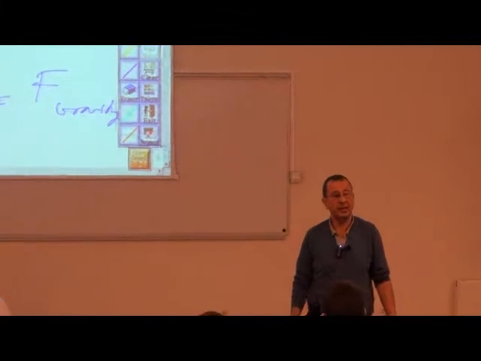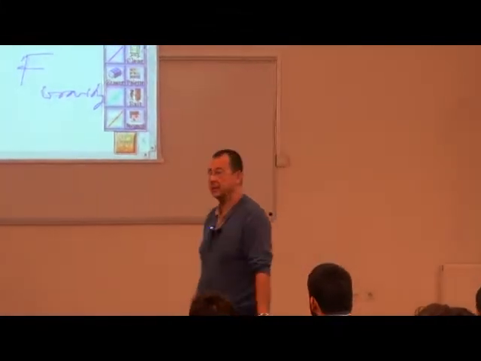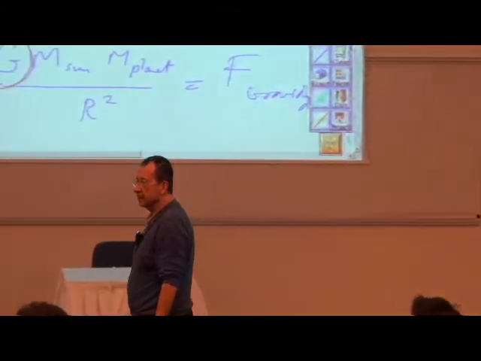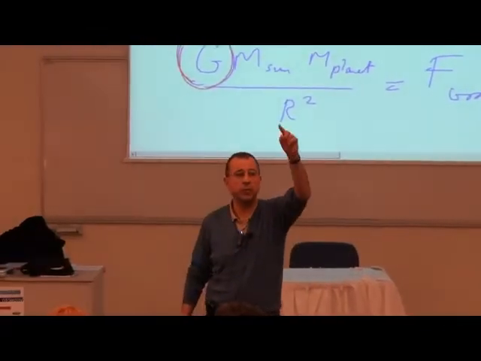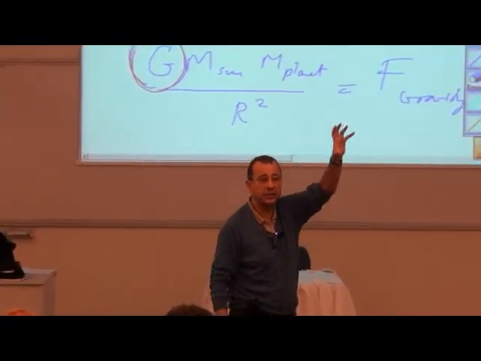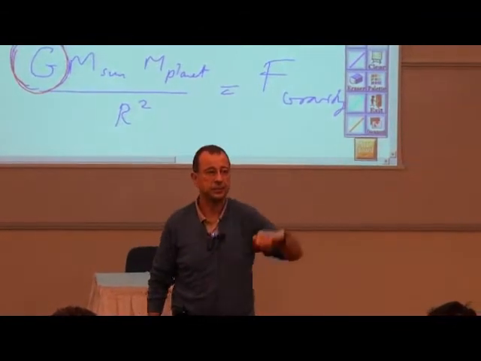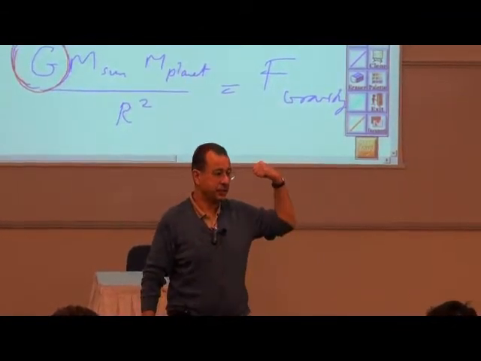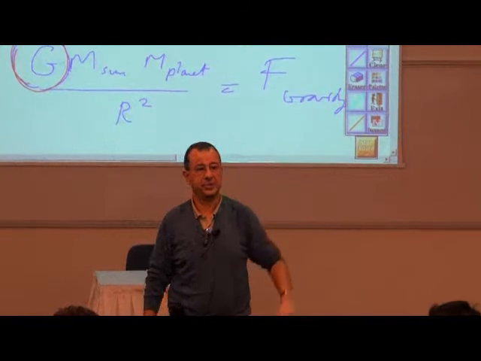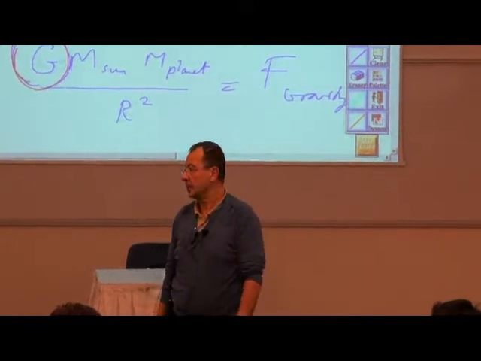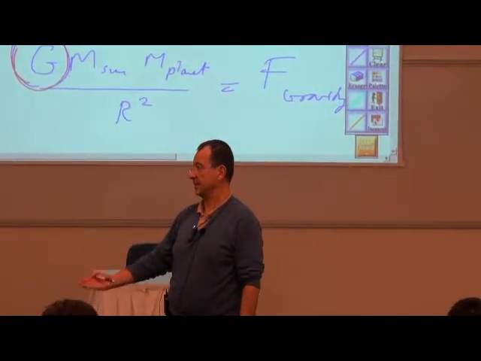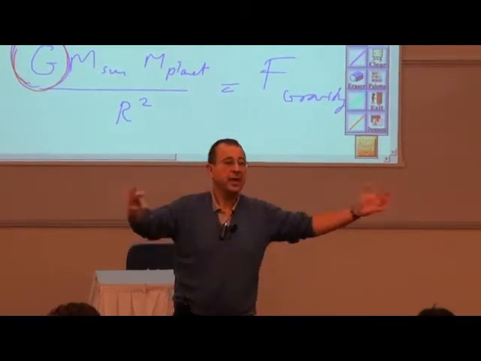For example, if I write the force between the Earth and the Moon, the formula will have mass of the Earth, mass of the Moon. But the constant G in front is the same G as I write here between the Sun and Venus. So it's a fundamental constant. It's true for any situation.